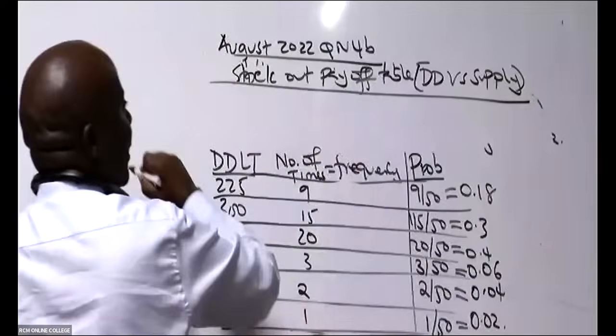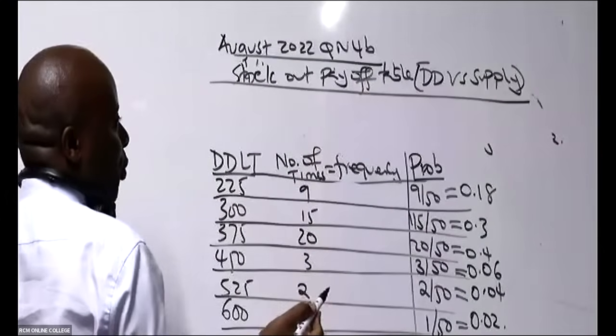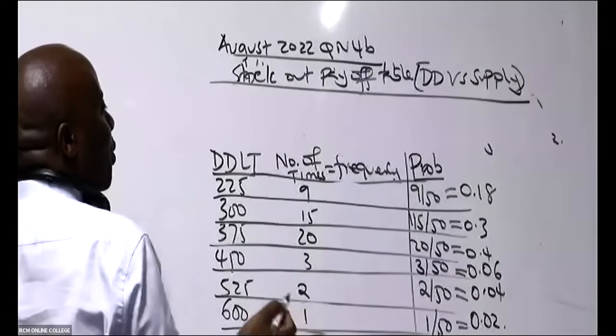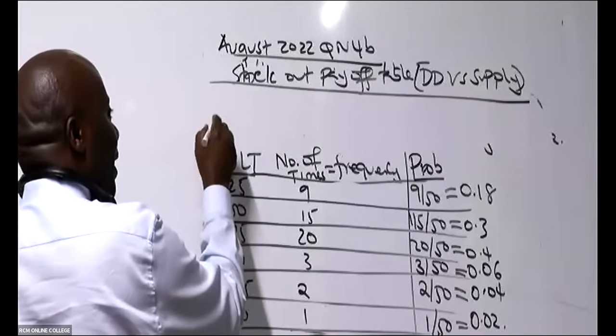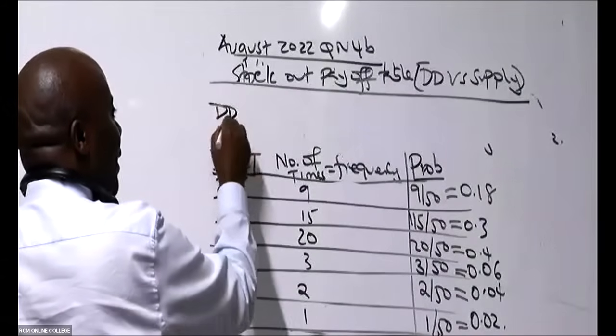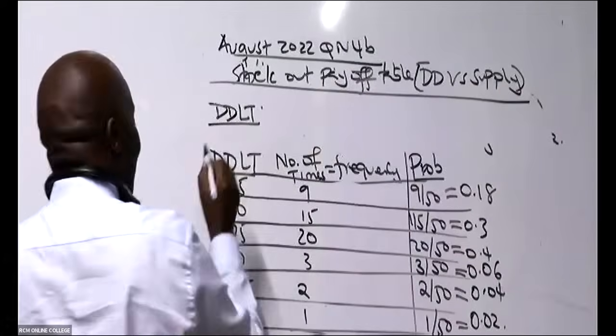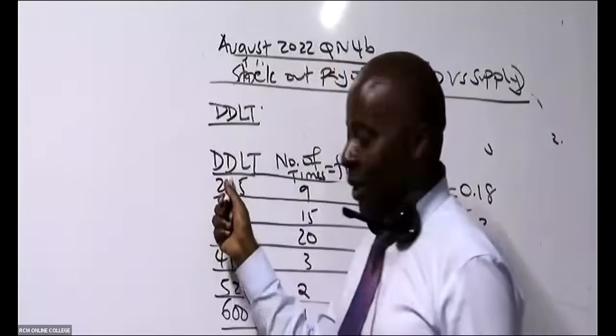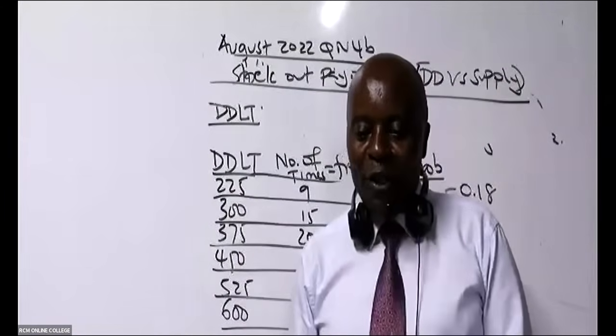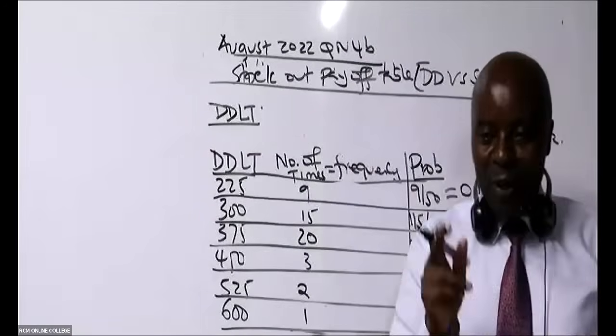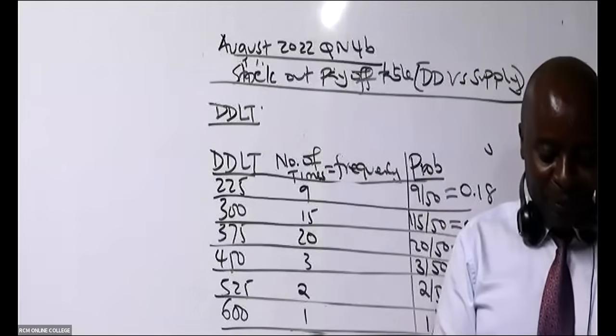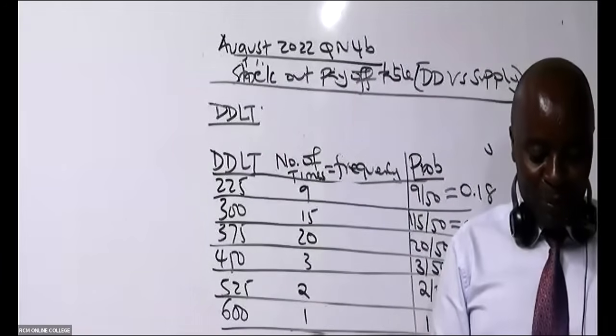You can call it a demand supply table, whichever name you want to use. So you're going to copy this exactly here. You're going to have here your DDLT. But remember, this time round, I'm not going to start from 225. For this stock out payoff table, where should I start from?